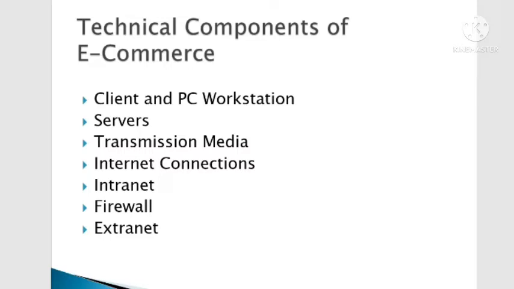Transmission media is a kind of optical fiber, or if things are connected through wires, whatever helps in that transmission. Suppose this is the client, this is the server, and how they are connected to each other would be known as the transmission media, because it is transferring the information or request from one place to another.